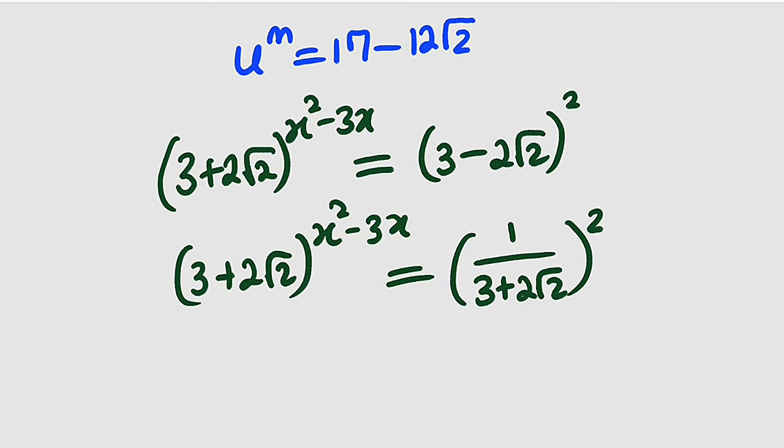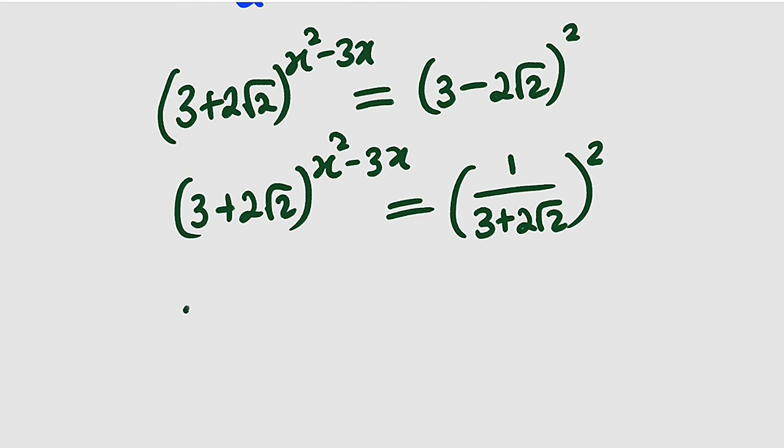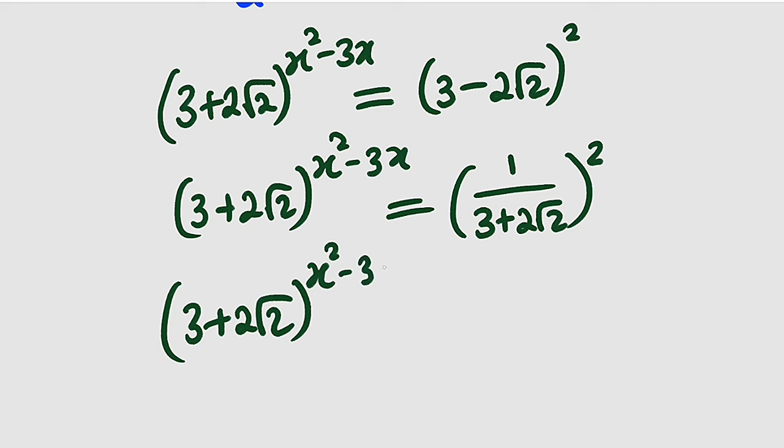But according to the laws of indices, we can write this one as (3 plus 2 root 2) to the power of negative 1. So we have (3 plus 2 root 2) to the power of x squared minus 3x. This is equal to (3 plus 2 root 2) to the power of negative 1.